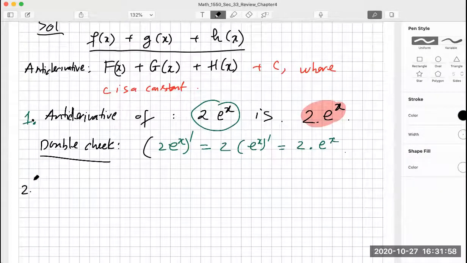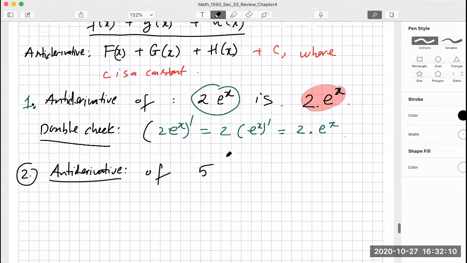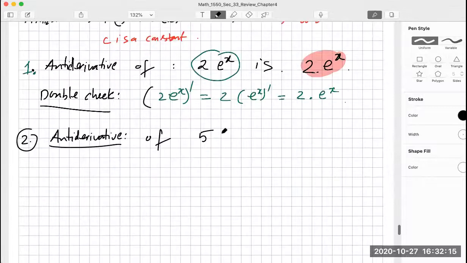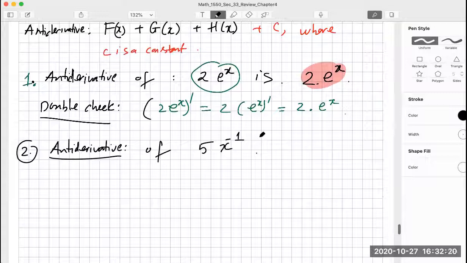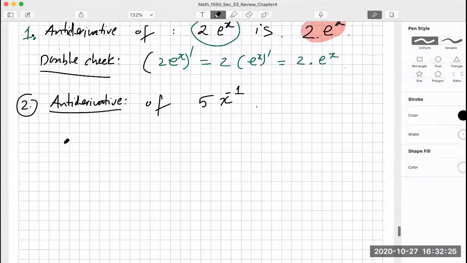So the second guy, the antiderivative of, the negative sign here we don't care about that much for now, x to the negative 1. Now the normal way is the antiderivative, let us call it g of x.